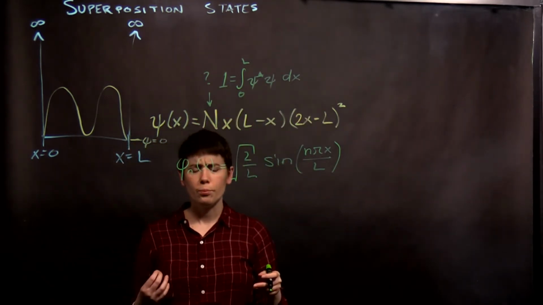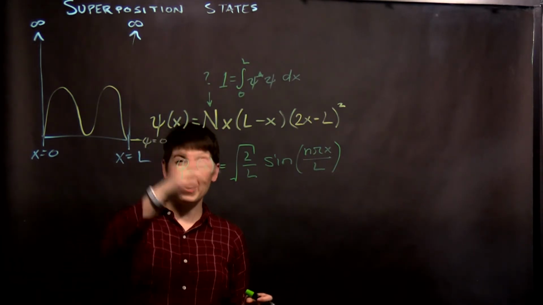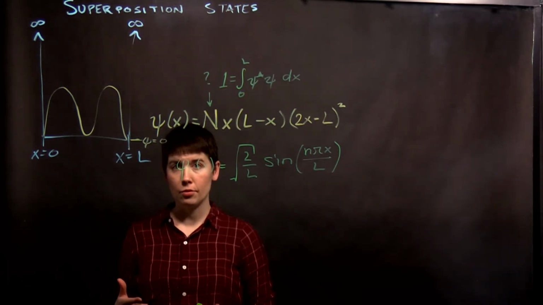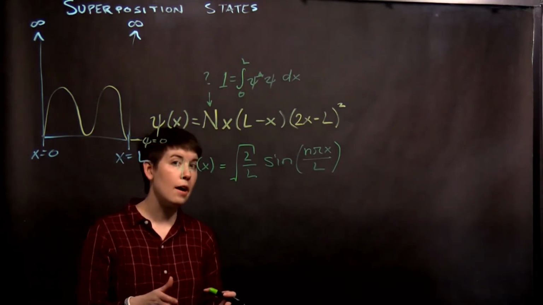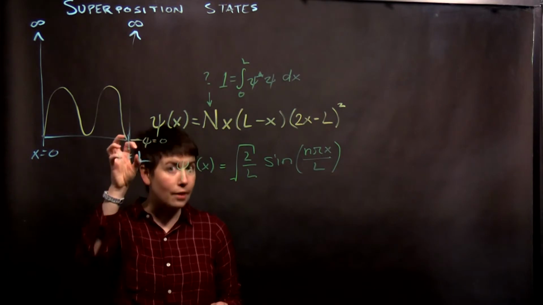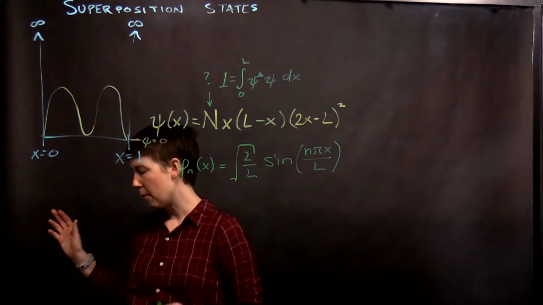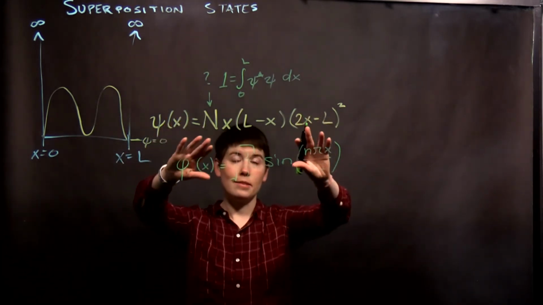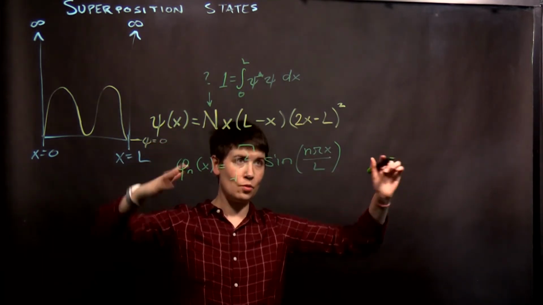So how do we go about measuring energy? These are energy eigenstates. That's not what we have. But we would still have an energy. And the reason why it's invaluable to talk about energy is remember that our time evolution is always given by that e to the i energy term, right? That energy is always in the exponent there. So what we need to do is think about this as an expansion of a sum of energy eigenstates, right?